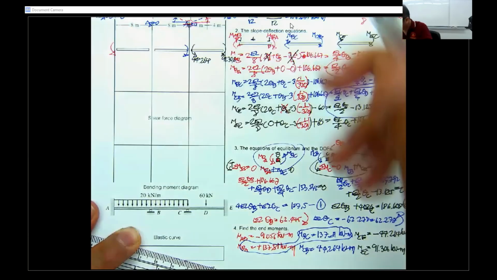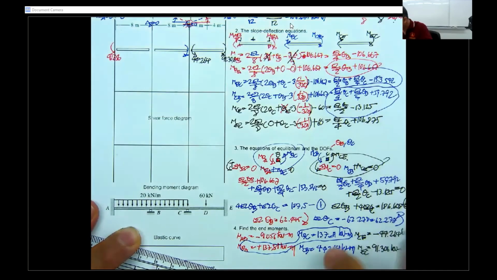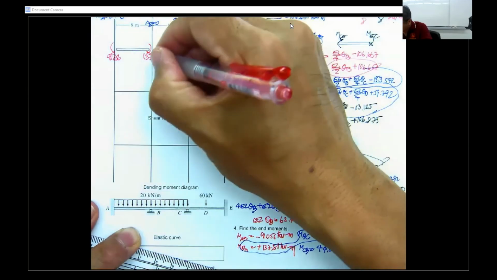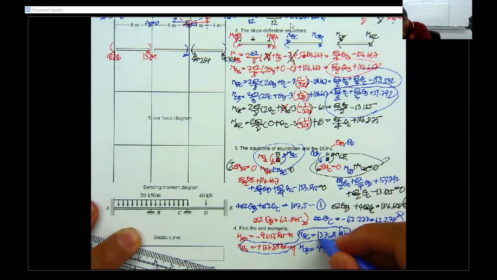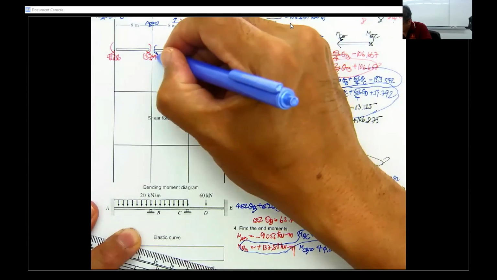This is negative, counterclockwise, 91.056. And then this one is positive. You get this one, 137.81. Okay. And this one is negative, counterclockwise.